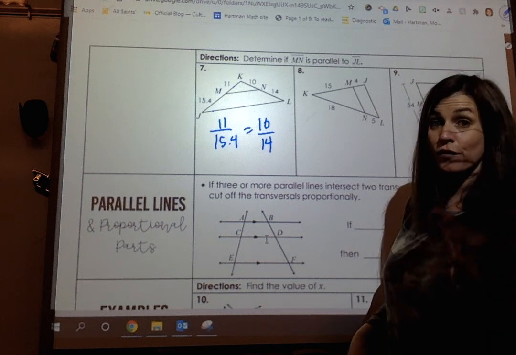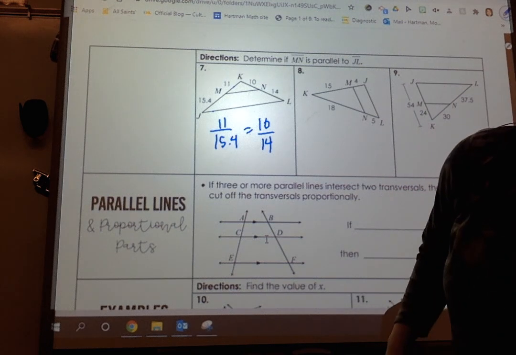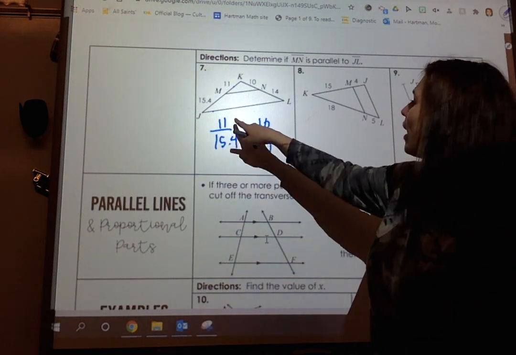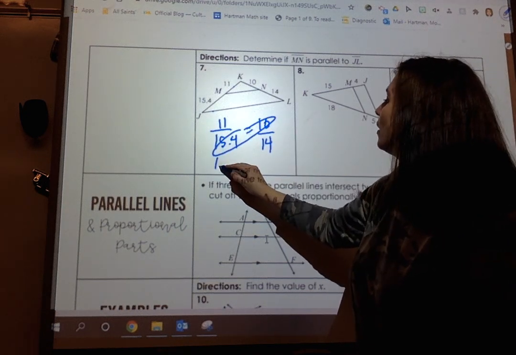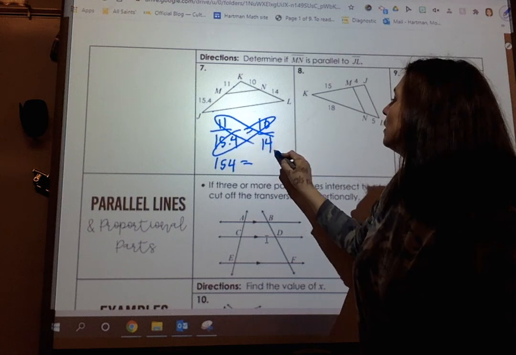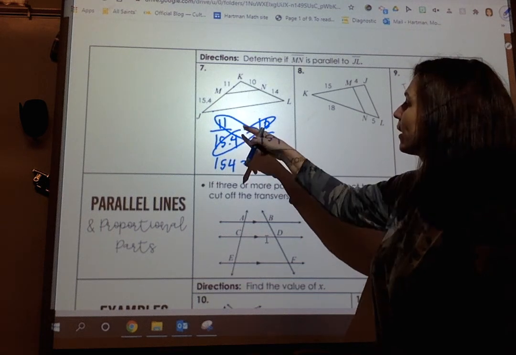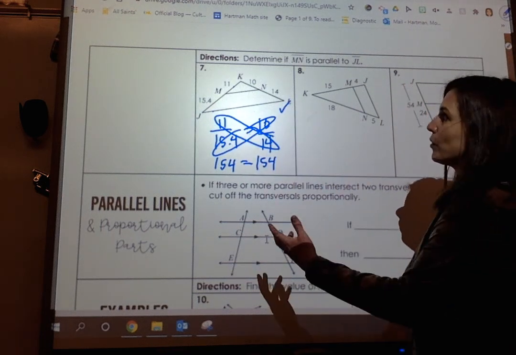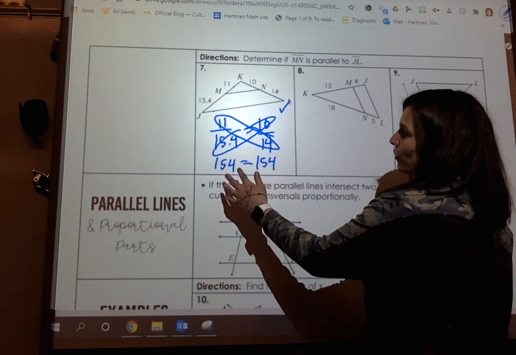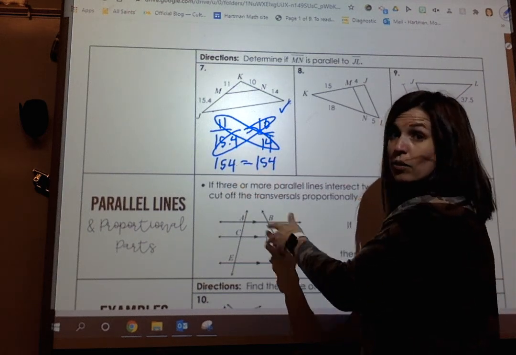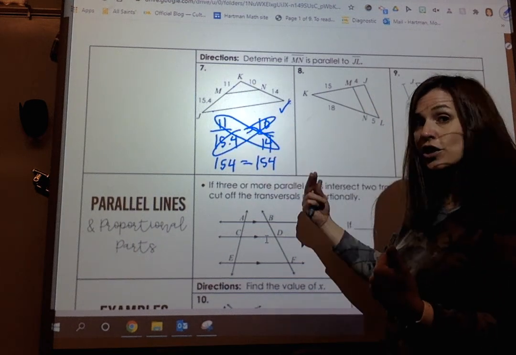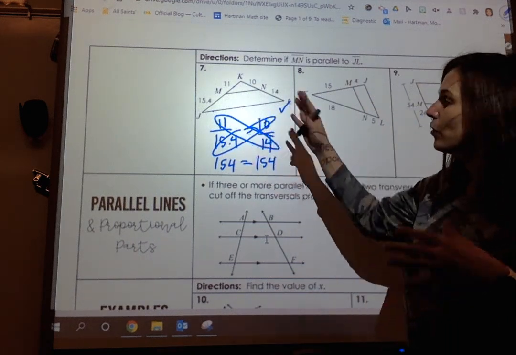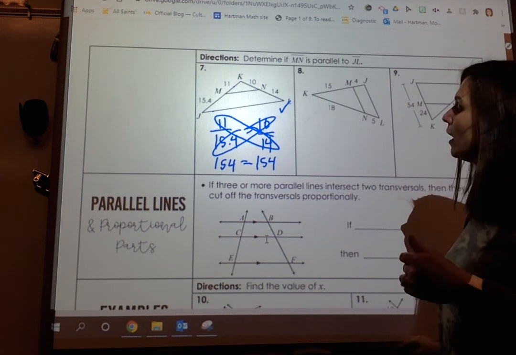This is where I can find that aspect ratio, or I can cross multiply and I get 154 equal to 154. So I can look there and I know they're proportional. So yes, they are parallel to each other. If these numbers did not come out equal, then of course they would not be proportional. So we can take the aspect ratio that we talked about in class. You can cross multiply, however you want to do that.